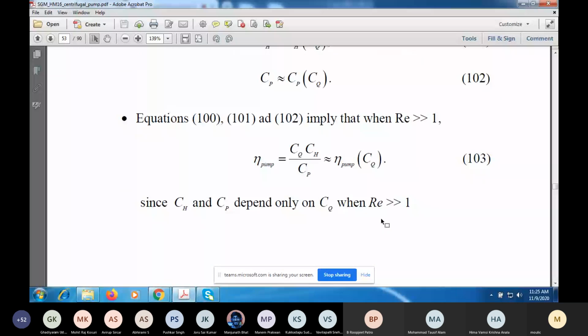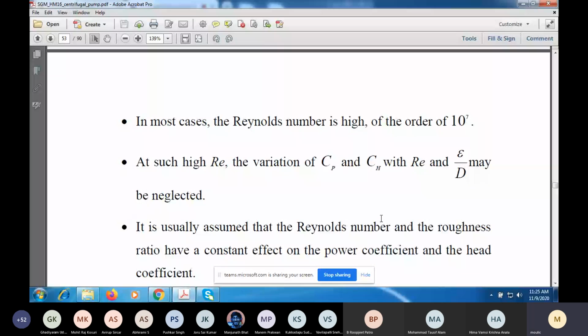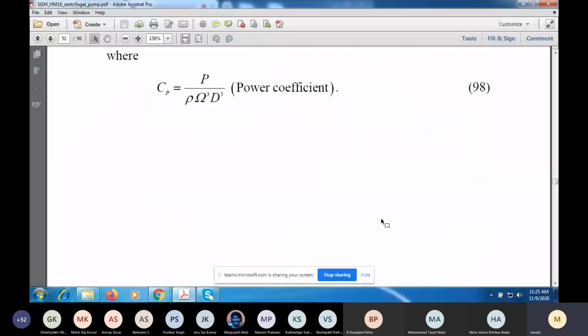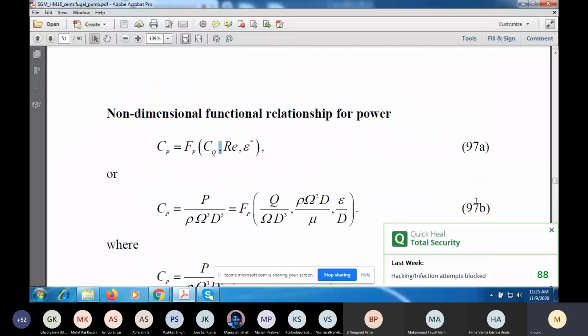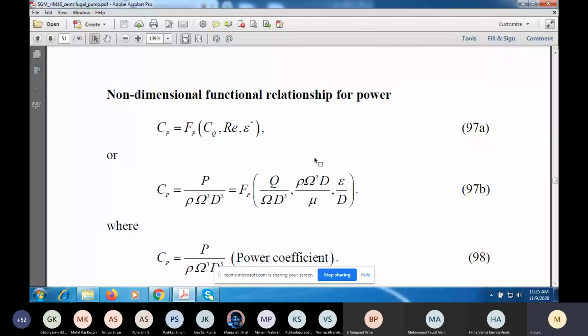So the good news is that although there are 3 non-dimensional parameters which can affect the quantities of interest, only one of them is relevant when the Reynolds number is large. That is what you have in practice.